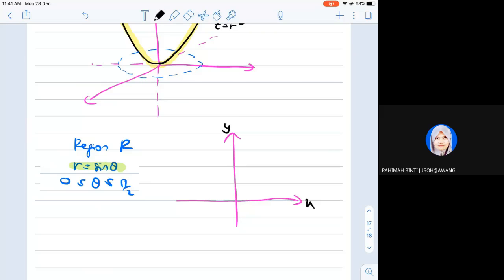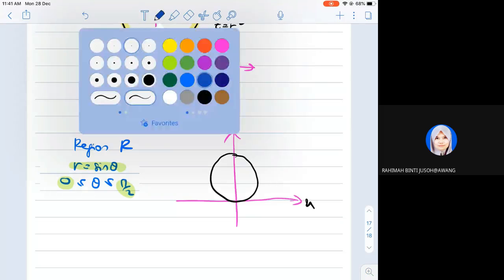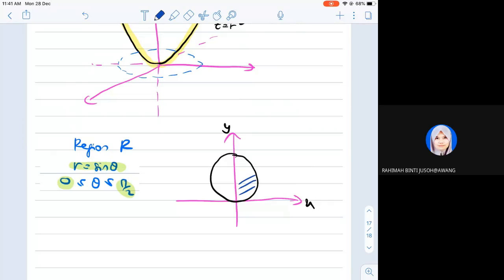Y-axis, yes, Y-axis. So dia dekat atas ni sebenarnya. Okay. And then it said that the limit of angle is from 0 until pi over 2. So dia hanyalah sampai sini je. Half. Yes. Okay. Theta from 0 until theta equals to pi over 2.